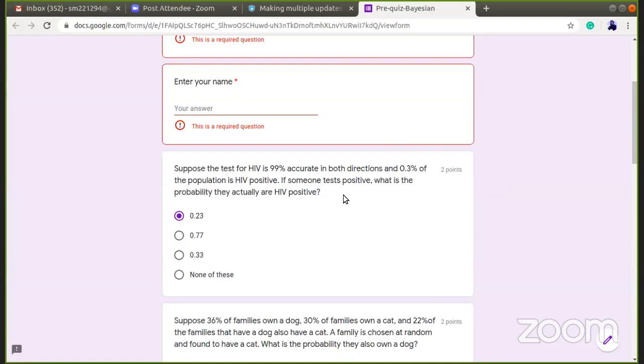Yeah, sure. So the first question was this HIV thing. If someone tests positive, what is the probability that they actually are HIV positive? I think all of the questions given in this quiz were based on Bayes theorem.